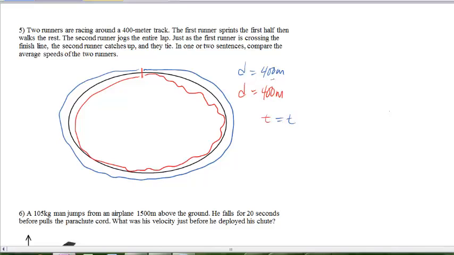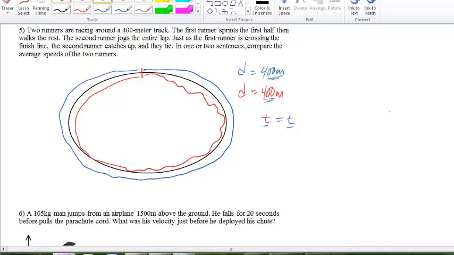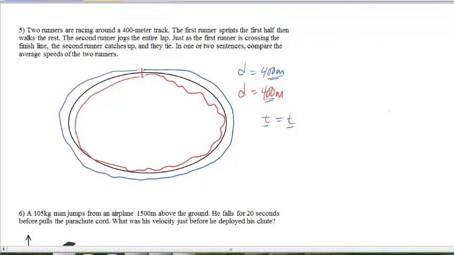Okay, so they have the exact same distance and the exact same time, and since we calculate average velocity, again, this is saying talk about the average velocity. Since we calculate average velocity with distance and time, if those two things are the same, then the average velocity of the two runners must be the same.